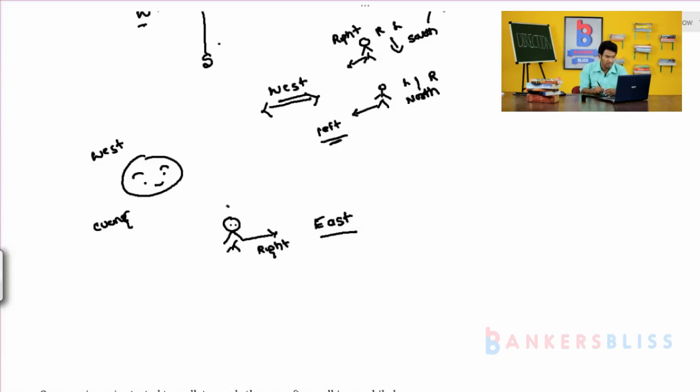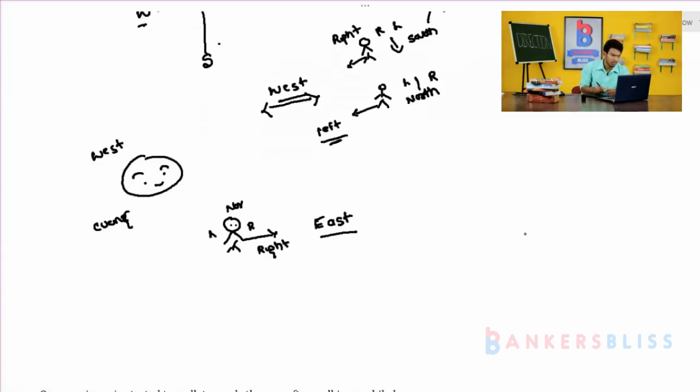Definitely he is facing the north. Why? Because our left, our right. Understanding? Is it clear? Sun sets in the west, the shadow will be in the east direction. Then the person is standing and that person's shadow falls on the right side. It means the person is facing the north.